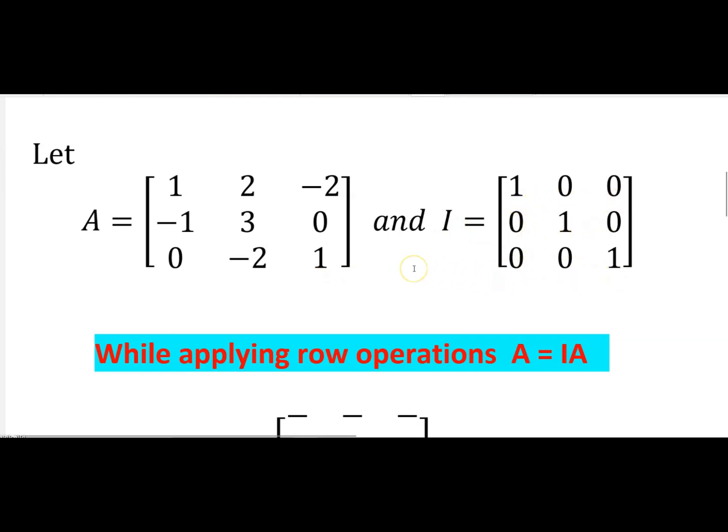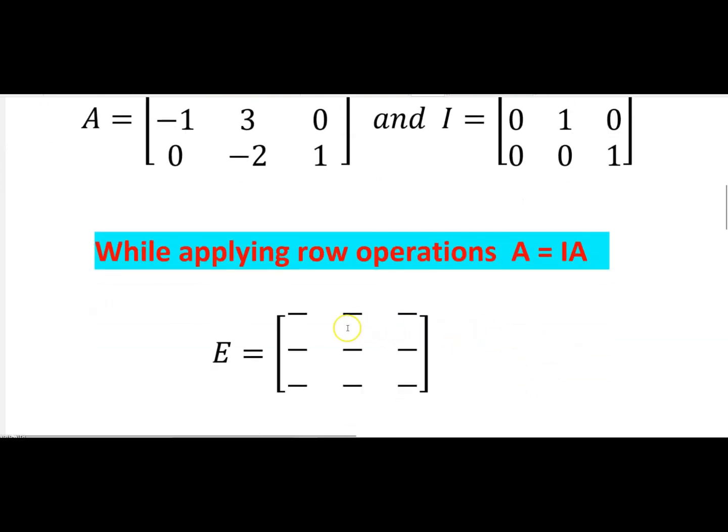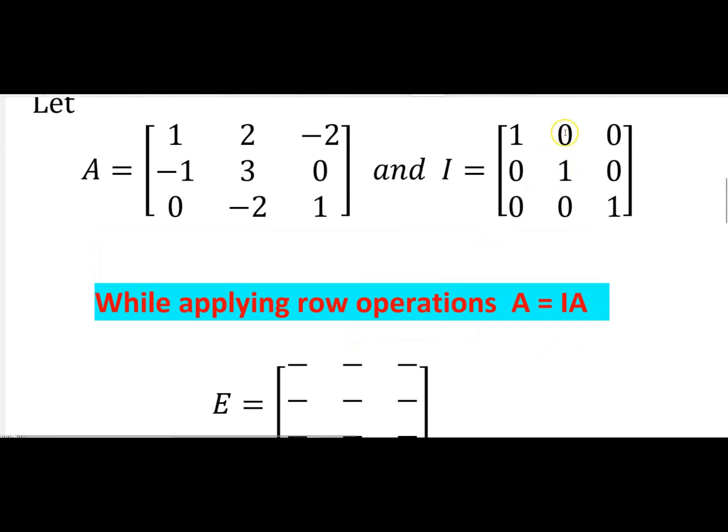Now while applying the row operations, we need to write it as A is equal to IA. So what I am doing is just interchanging row 1 and row 2 in the identity matrix, because if I take the other matrix, all the values will change. If I take something like 1 1 1, this will be clearer, so I'm taking only the identity matrix here.